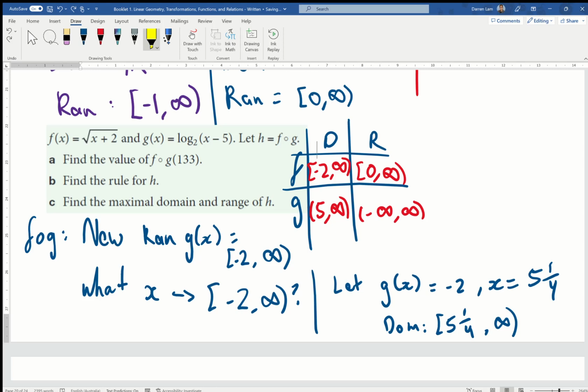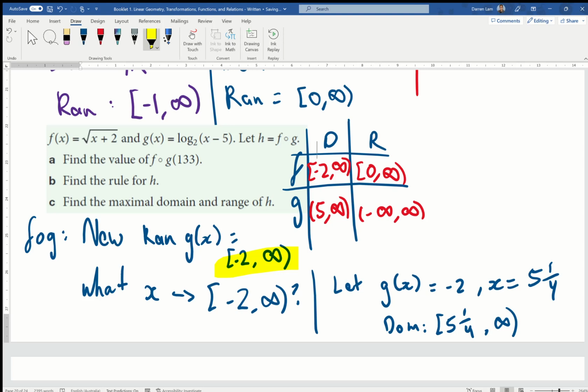So I've restricted it. Now that the domain of my f of x, the outer function, aligns with the range of the inside function, whatever it spits out is going to be within the domain of f of x. I get -2 to infinity, but I'm not looking for my range, I'm looking for the x values that give me this range.